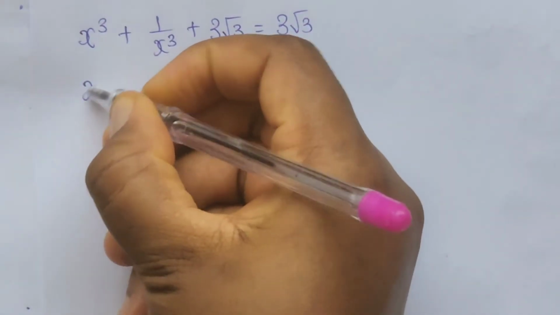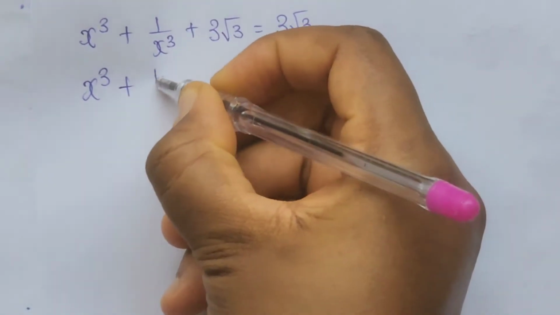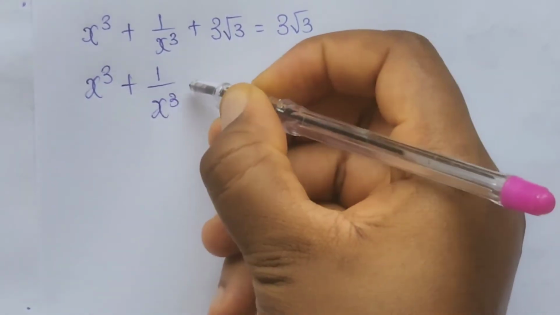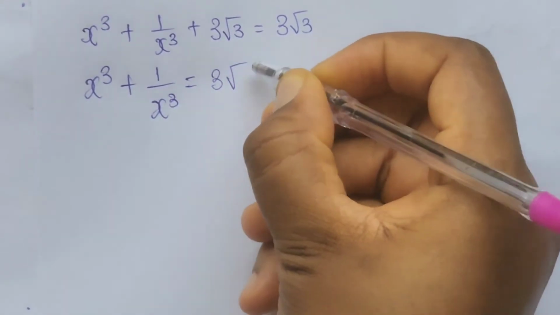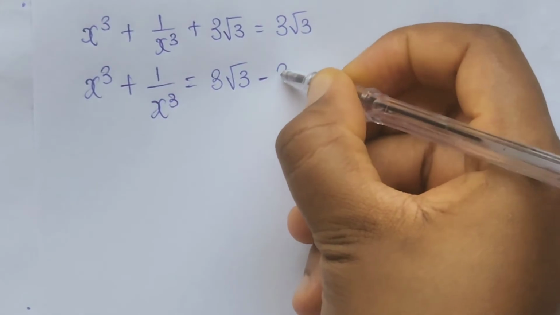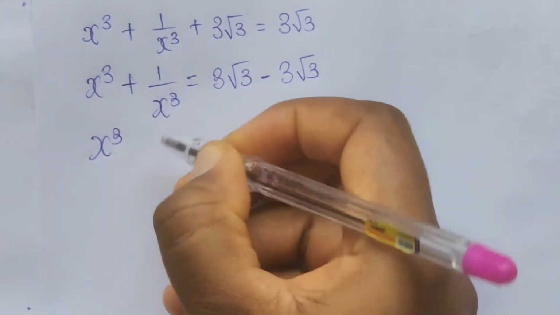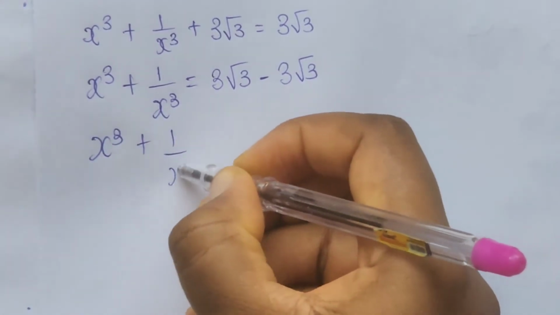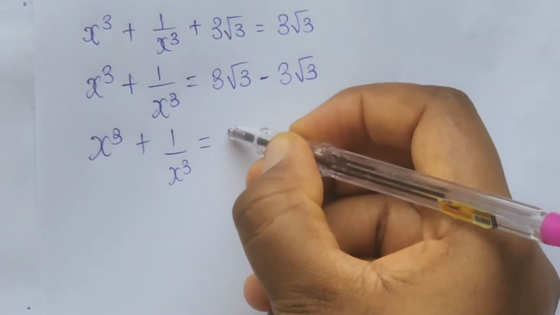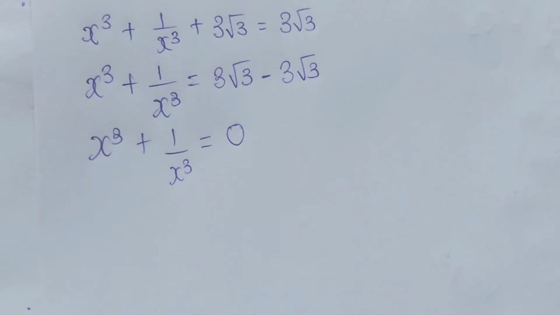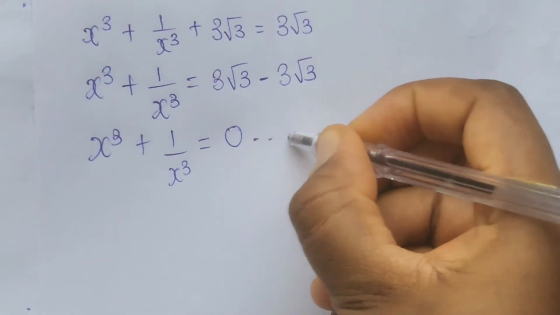So from here we have x cubed plus 1 over x cubed to be equal to 3 root 3 minus 3 root 3. So our x cubed plus 1 over x cubed is equal to 0. So we can name this equation 2.